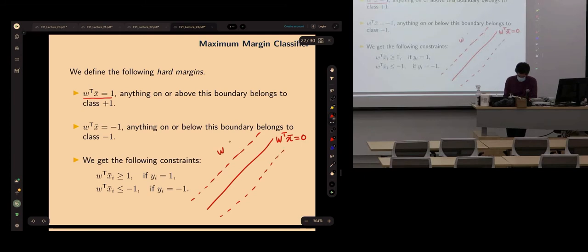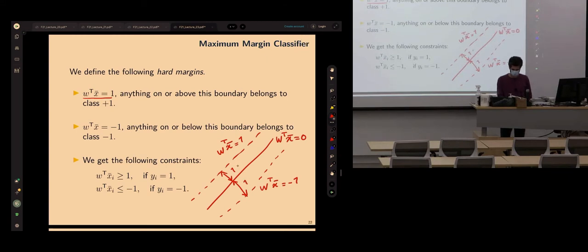Now I have another line, W transpose times X bar equals 1. And I have W transpose X bar equals -1. I'm shifting them 1 unit. It was actually 1 divided by norm of W, but anyway.